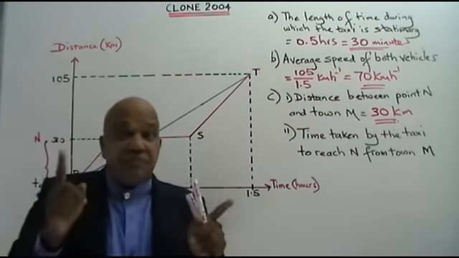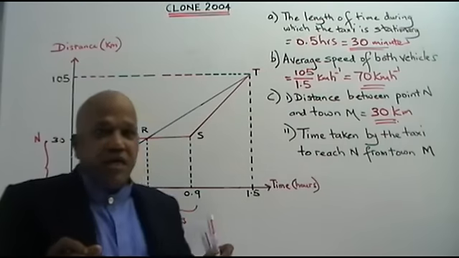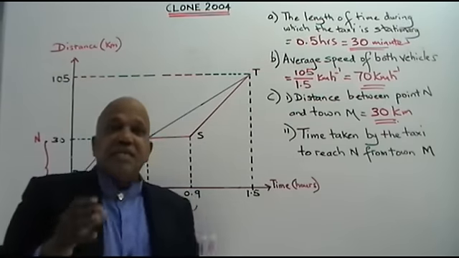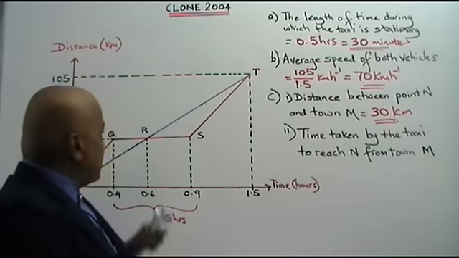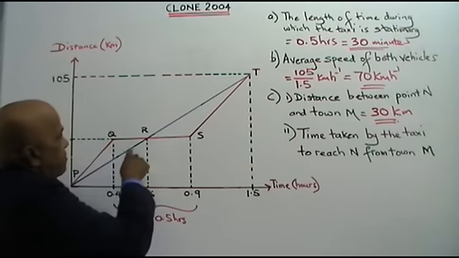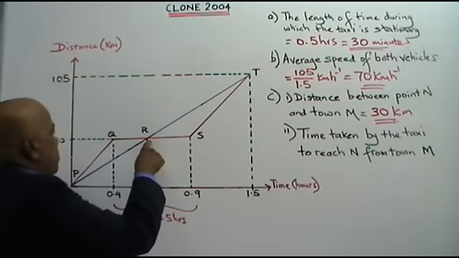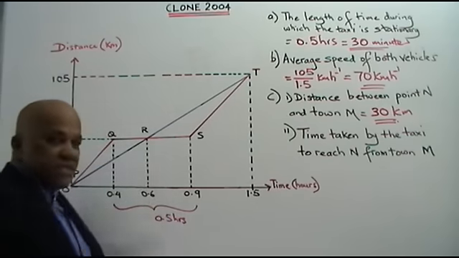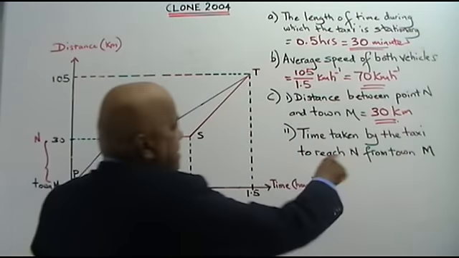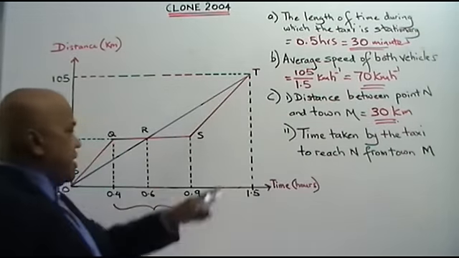So you must be very careful. Okay? If you are asked the time taken by the lorry to reach point N, then it is this answer. See? The lorry reaches 30 kilometers in 0.6 hours. But the question is the time taken by the taxi to reach N from M.